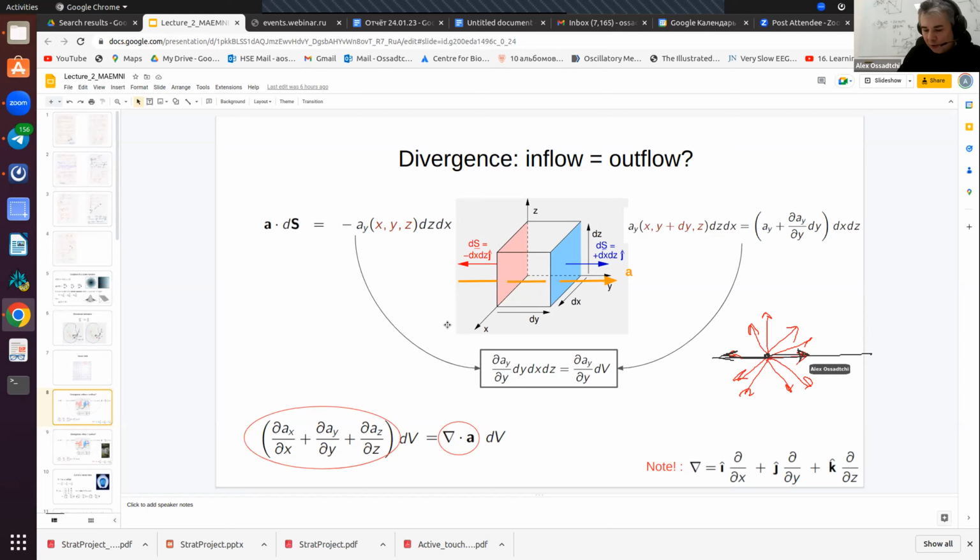So the derivative, the change of this vector with respect to this axis, let's say axis y, is large, because at a single point it's changing direction to the opposite. If you take the limit, you will get a large value here.